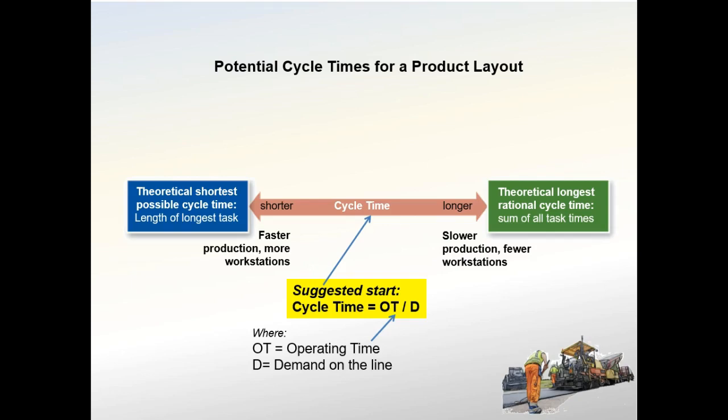This interval can be expressed as how long each day it will operate, or how long each month, or how long throughout its entire lifetime. And next, you need to know the demand on the line, how many finished products the line must complete within its stated operating time. So with these two readings, we can determine an appropriate cycle time for line operation with the following formula, as illustrated here. Cycle time equals operating time divided by demand on the line.